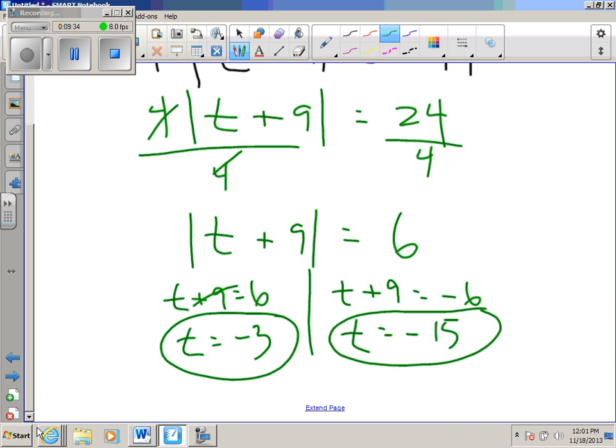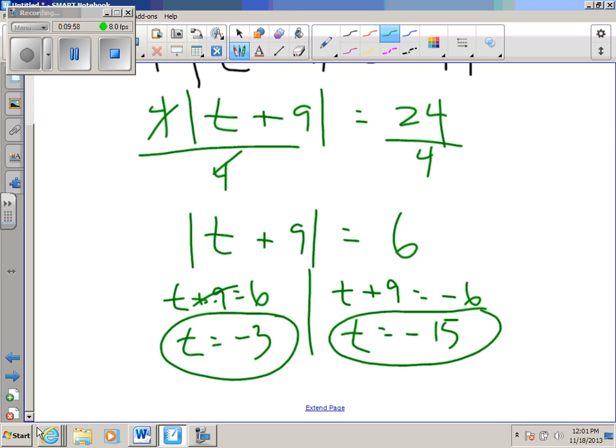Yes? Do you know what happened? Okay. I know up to t plus 9 equals 6. So when you subtract 9 from 6, 6 minus 9 is negative 3.